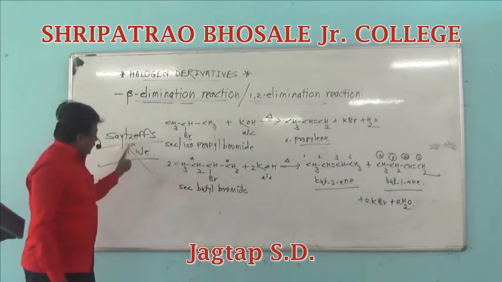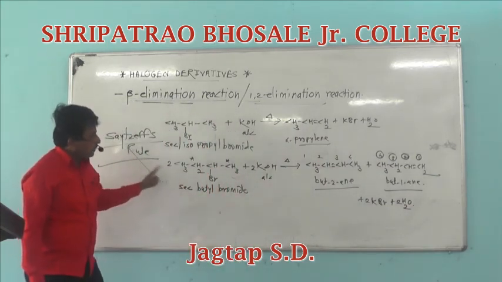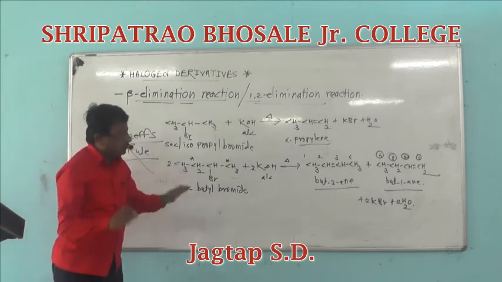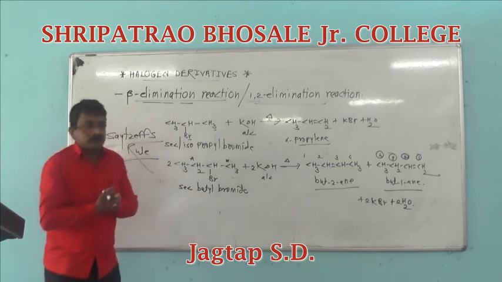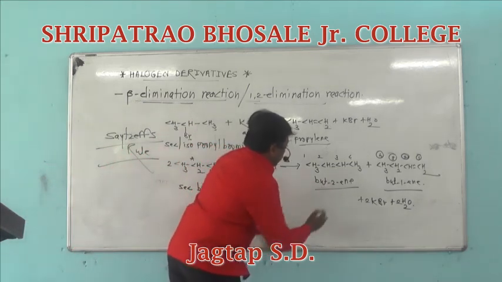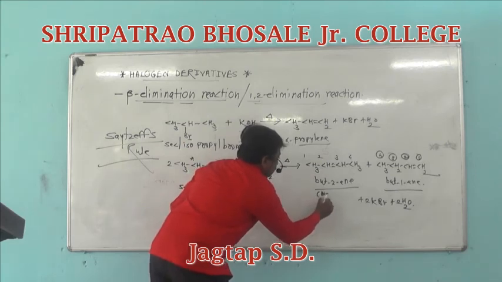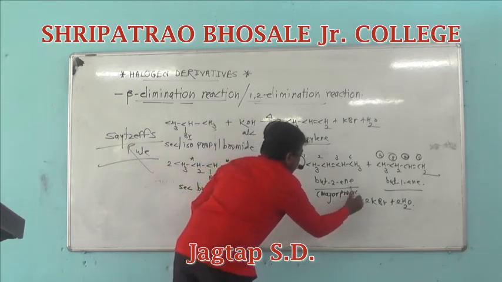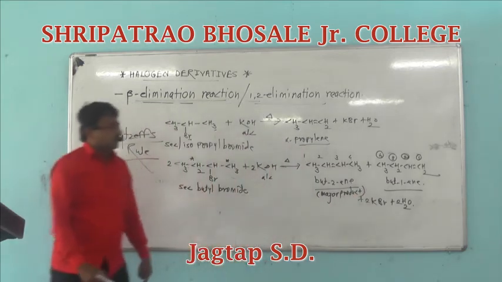According to Saytzeff's rule, the carbon carrying a less number of hydrogen atoms is preferentially eliminated. Therefore, here but-2-ene is a major product. Why?